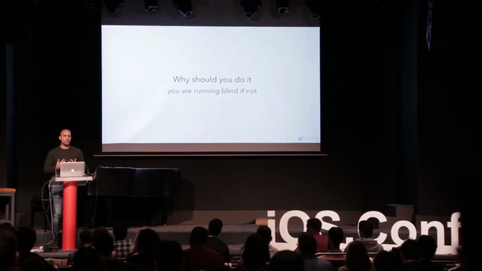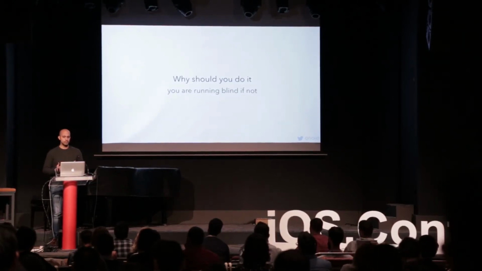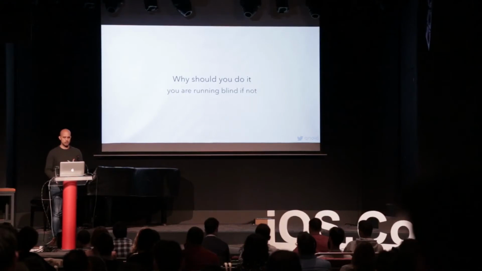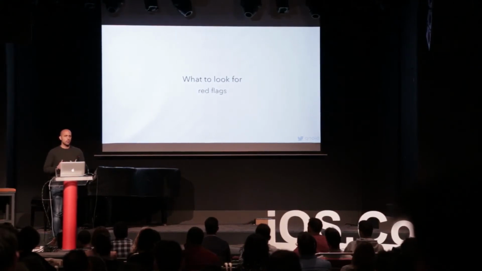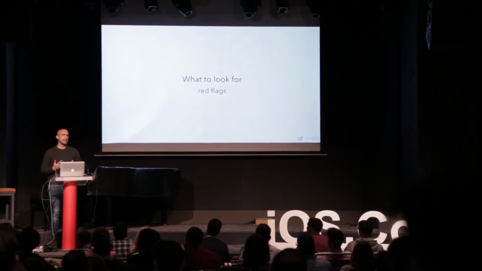So you should really put it in your routine as part of developing code to do profiling. And it will become more clear as I go over the slides. The way you do CPU, time and memory profiling is you look for red flags. It's not a binary thing.